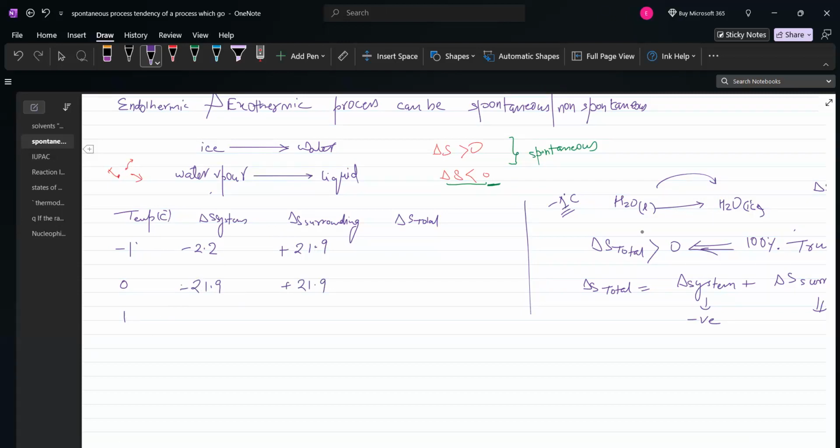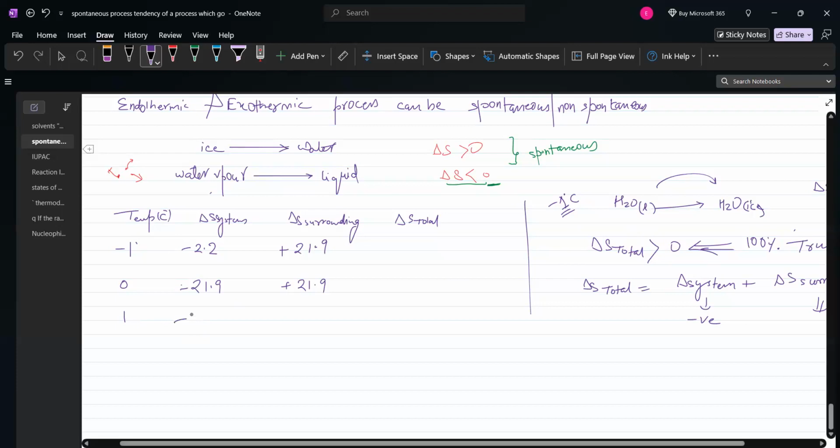Now at 1 degree Celsius, does this liquid water want to become ice? No, at 1 degree Celsius, water will not become ice. So delta S of system is very much negative.